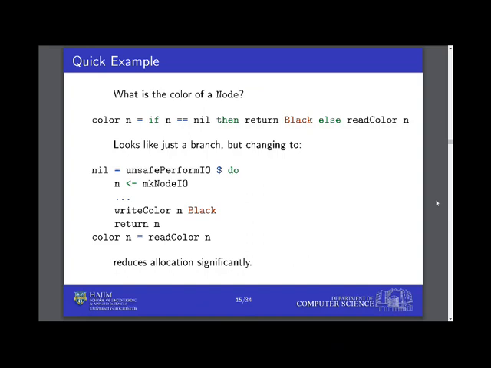It turns out writing code like that causes more allocation, not just a branch. So if I change it, which maybe I should have written in the first place, and have that nil always be black, then I can just use the read color directly. And that reduced allocation significantly. So there are surprises.